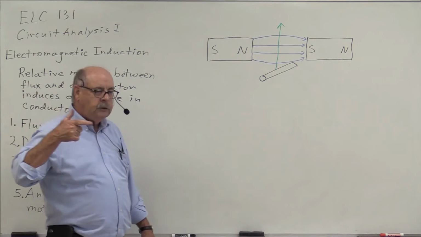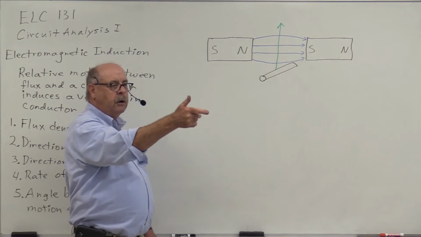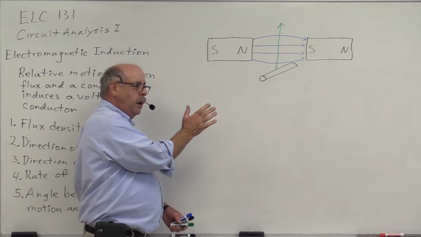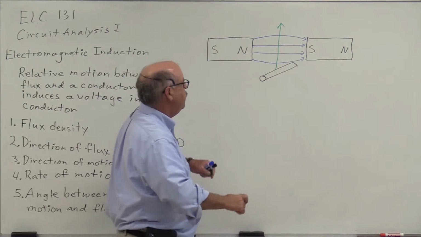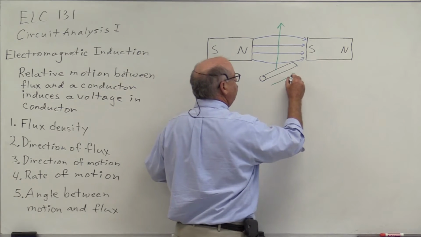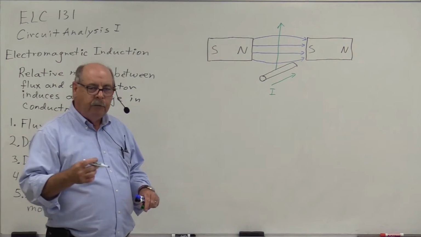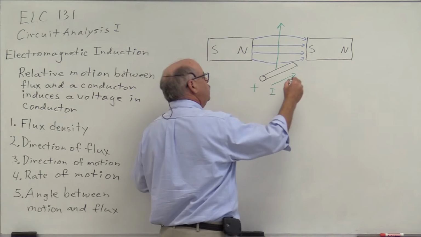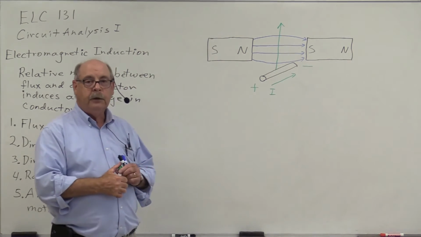So if flux is going this way and motion's going up, current's flowing from you towards the whiteboard. So current in this conductor would be flowing in this direction. Therefore, the induced voltage would have a polarity of positive to negative.